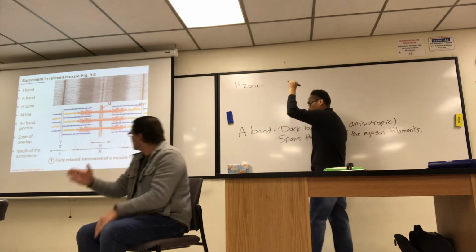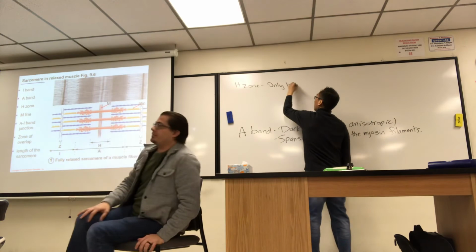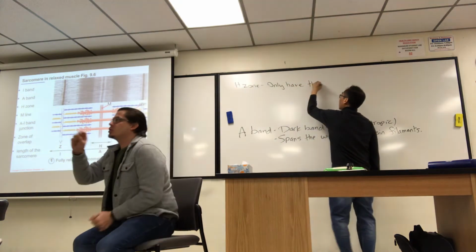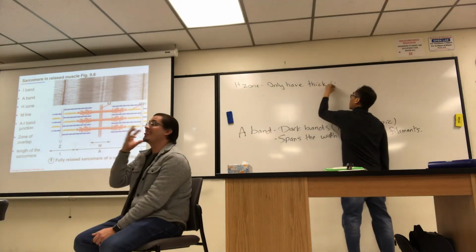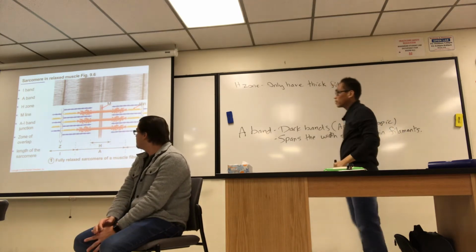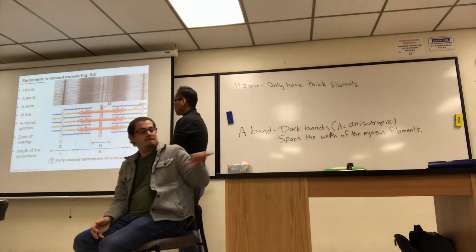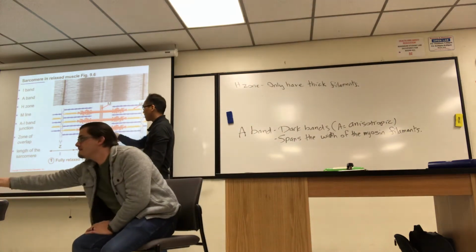That's the zone where you only have thick filaments. Notice that the H zone is bisected by the M line.